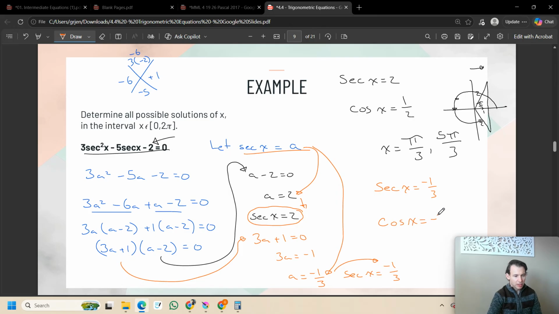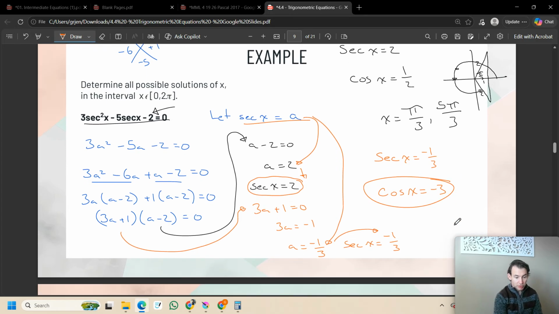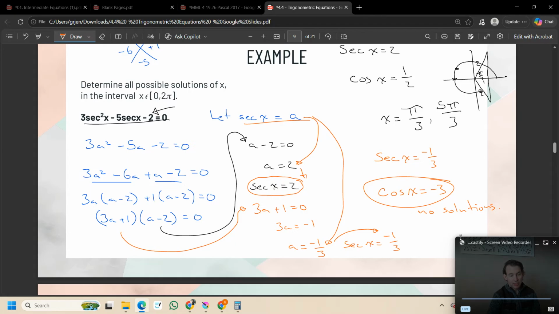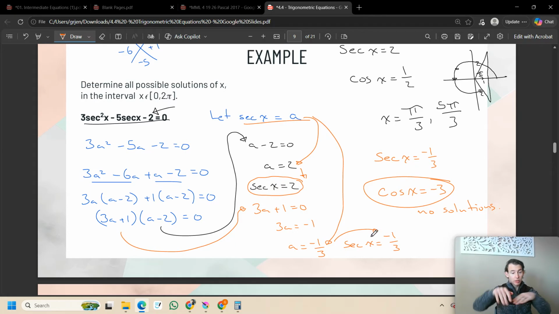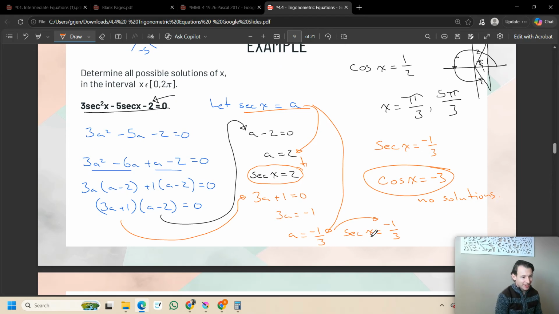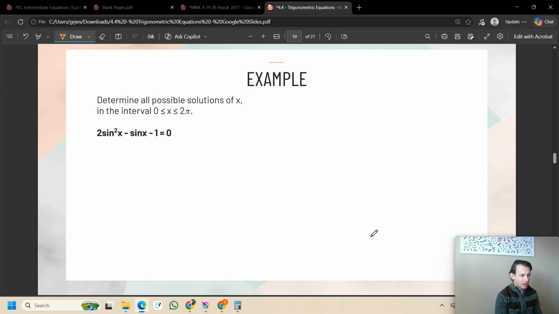So that means cosine x is equal to negative 3, but this gives no solutions, because this is outside the range for cosine. Cosine's never above 1. So that means secant is never between 1 and negative 1. Cool. All right.